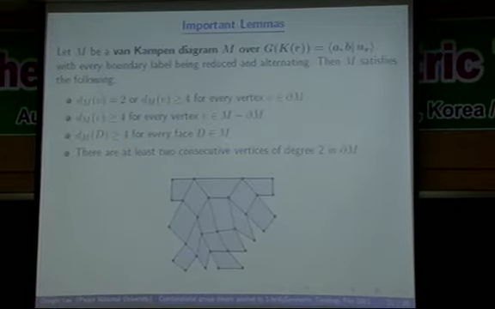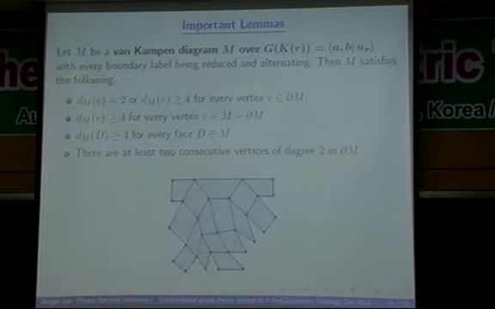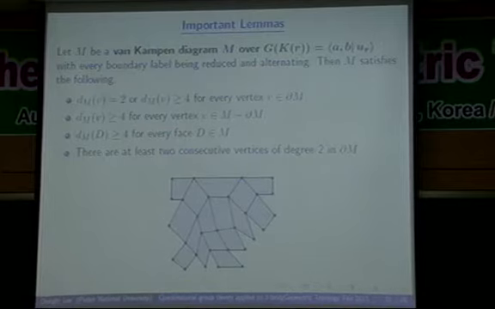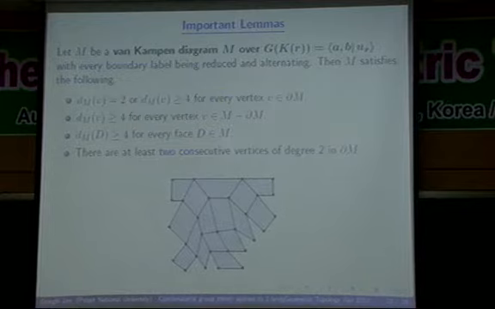And then I'd like to introduce two important lemmas in our research. We need to solve the word problem and the conjugacy problem for this two-link group. So we need to find a characterization for a Van Kampen diagram and the conjugacy diagram over this two-link group presentation.